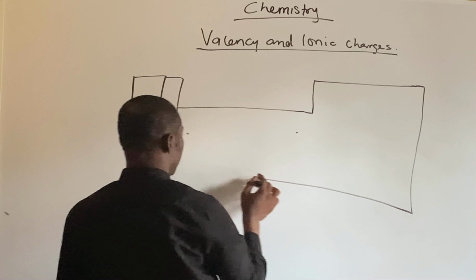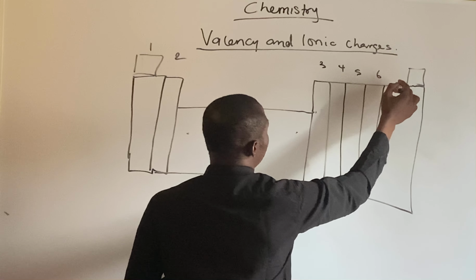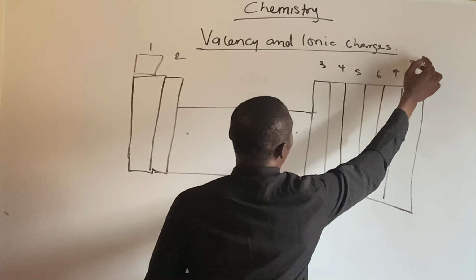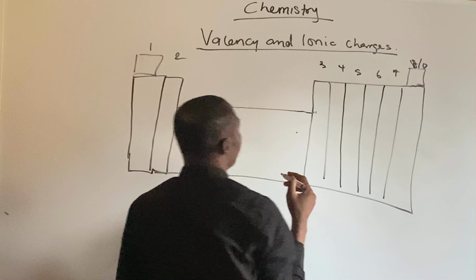So this is group 1, group 2. This is group 3, and this is group 4. And this is group 5, and this is group 6. This is group 7. This is group 8, or group 0.